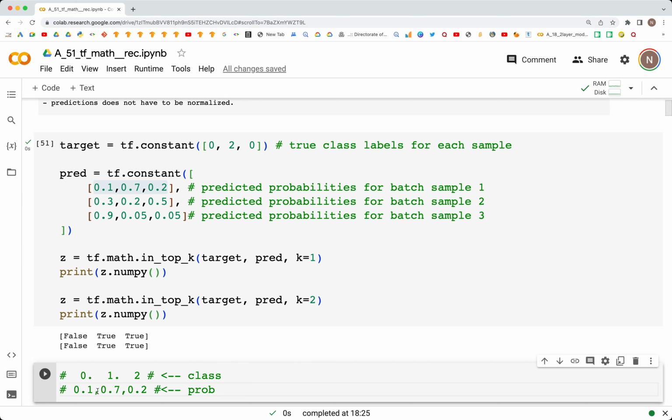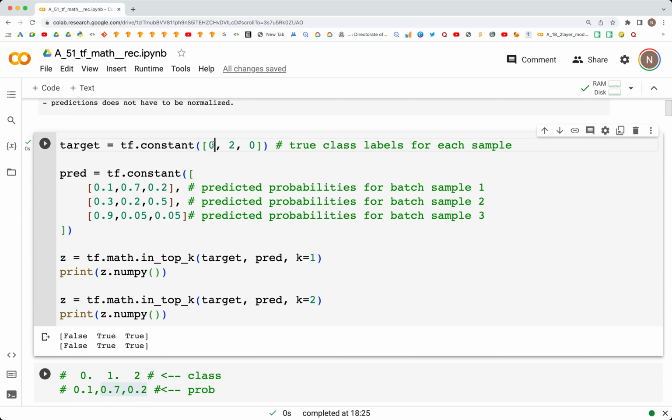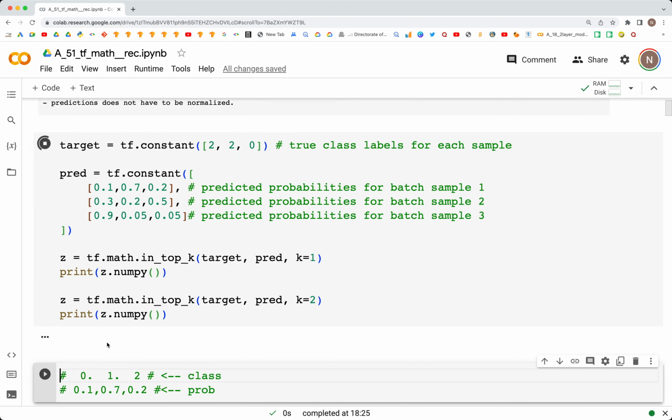So what we have now is the highest probability is 0.7, and then the following probability is 0.2. Had we said that the true class was 2, then we would get a true.